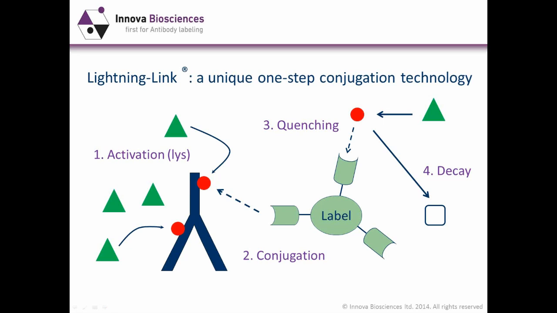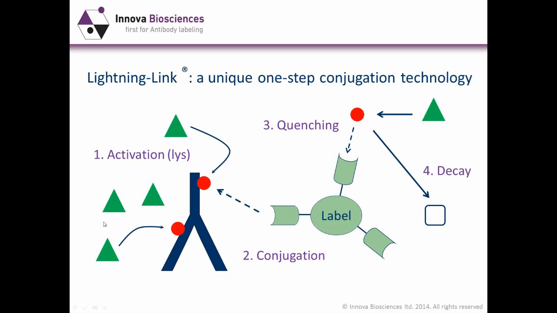This is where one of Innova's technologies comes in. This is something that we thought about a lot several years ago, and we came up with what we think is a great solution called Lightning Link. It's a unique one-step conjugation technology. So here we have the antibody, which is mixed with the label. This is all done in one pot.